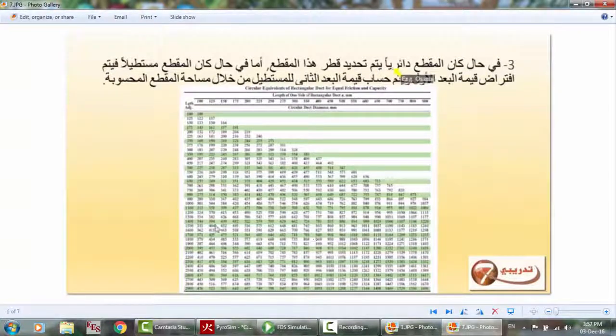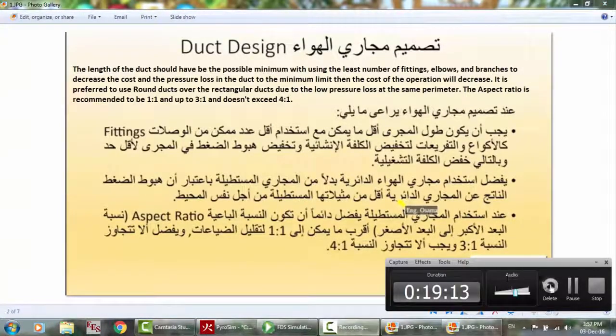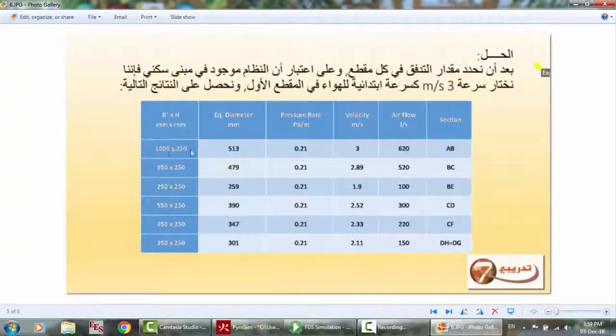And here is the map that we have. Notice that this is the height and this is the width. The height, like I said, is according to the suspended ceiling height. So it's 25 centimeters.